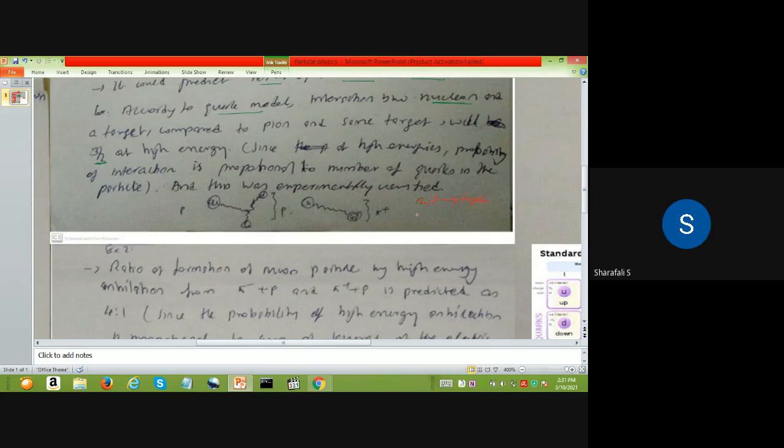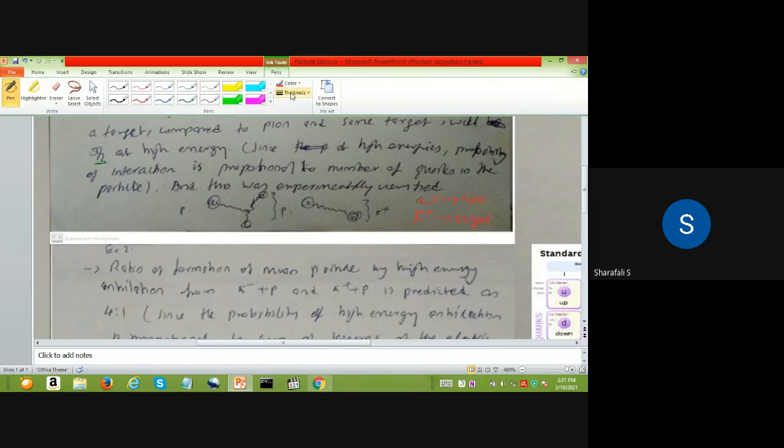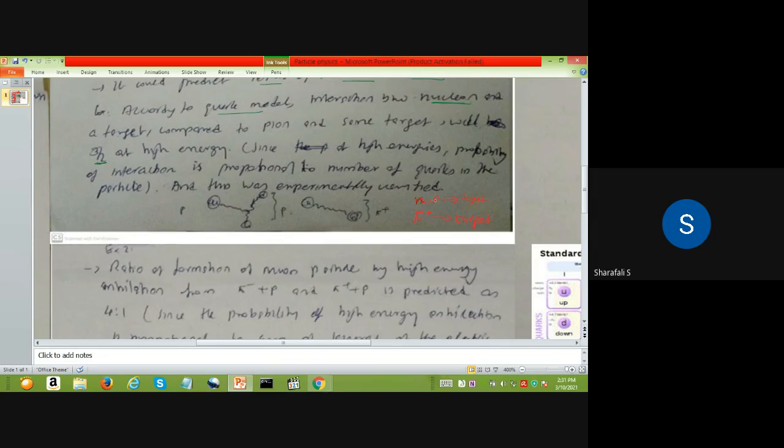The second one is a pion, let's say pi plus, which is interacting with the same target. We have the neutron and proton interacting with the target, and then we have the pion, which is also interacting with the same target.